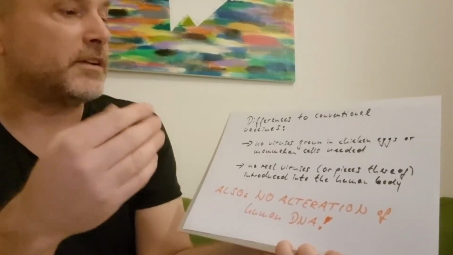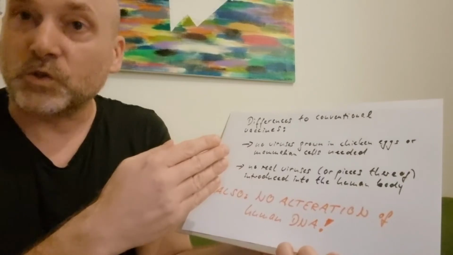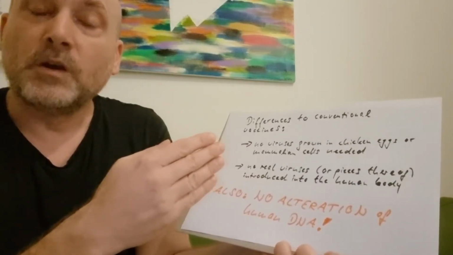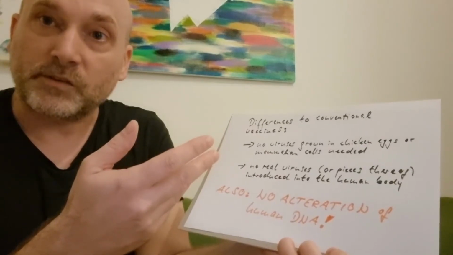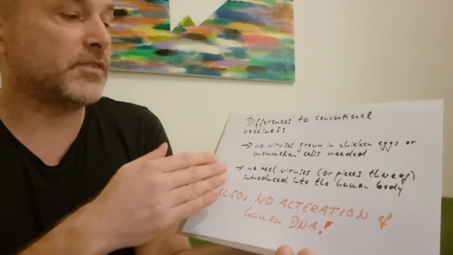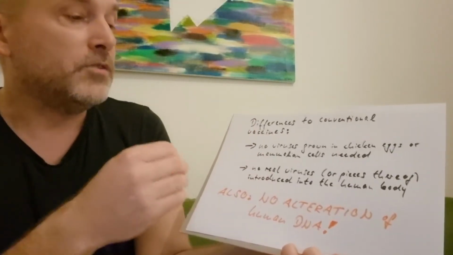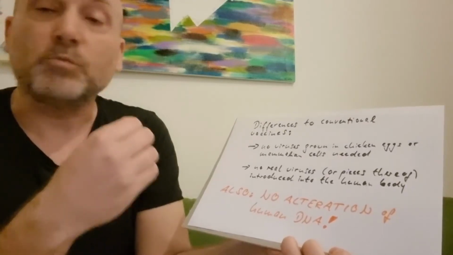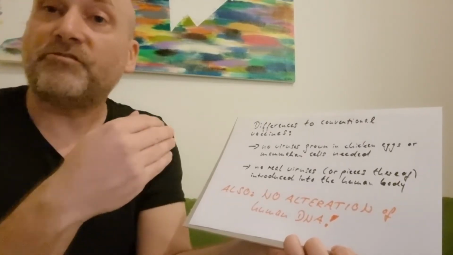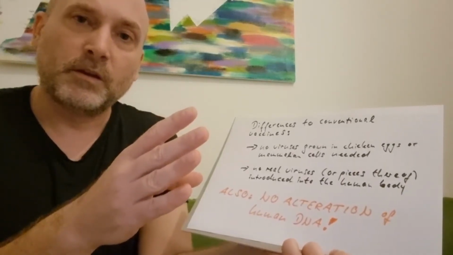This is way easier than growing real viruses, for example, in chicken eggs or on mammalian cells, which is what you normally have to do in order to have enough material for generating vaccines. And also, in contrast to the traditional methods, no real viruses or pieces thereof are being introduced into the human body. So this is actually a fairly safe procedure. It is something where you can really control what is happening.